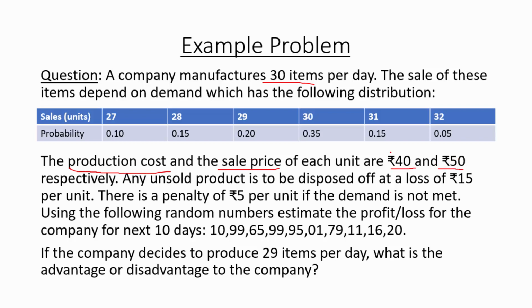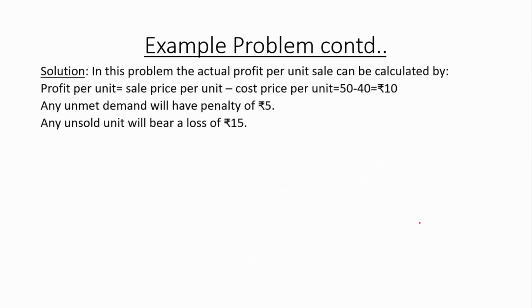So we can find out the difference here to find the revenue profit, that is the profit generated from sale. And it has mentioned that any unsold product has to be disposed of with a loss of rupees 15 per unit. Similarly, there is a penalty of rupees 5 per unit if the demand is not met. So we need to remember these points.